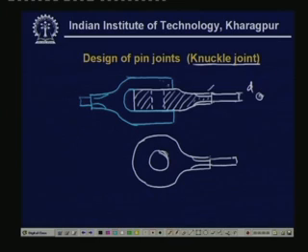This is another part which again has a hole in it. Looking from above, it will look something like this. It again has the same hole, and through this we insert one pin.